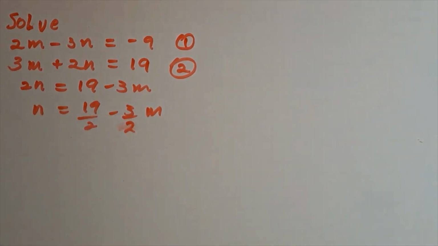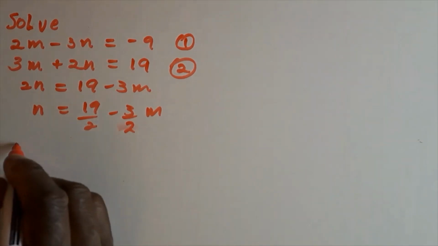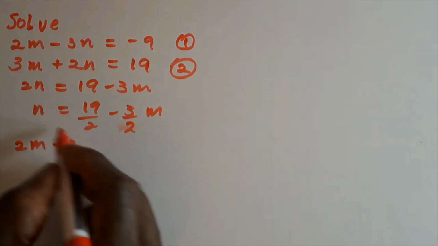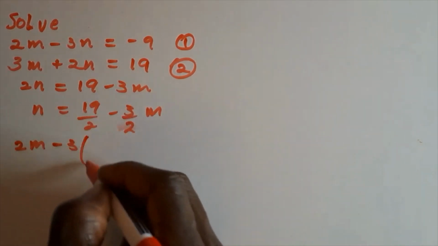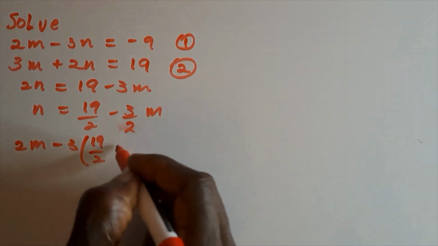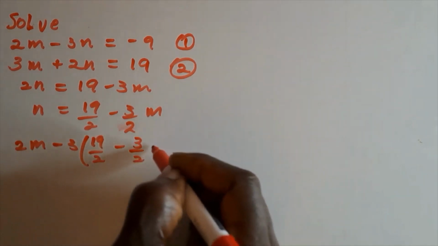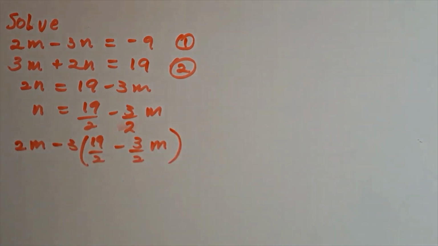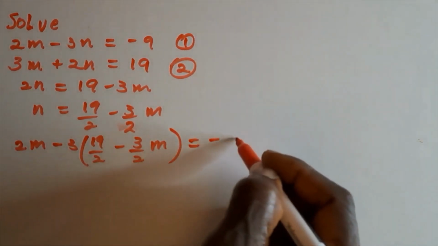So now that we know what n is in terms of an expression, we can substitute, and we'll do that. We'll substitute in equation 1, and that will give us 2m minus 3 of this whole quantity here, which is 19 over 2 minus 3 over 2m. And this is equal to negative 9.